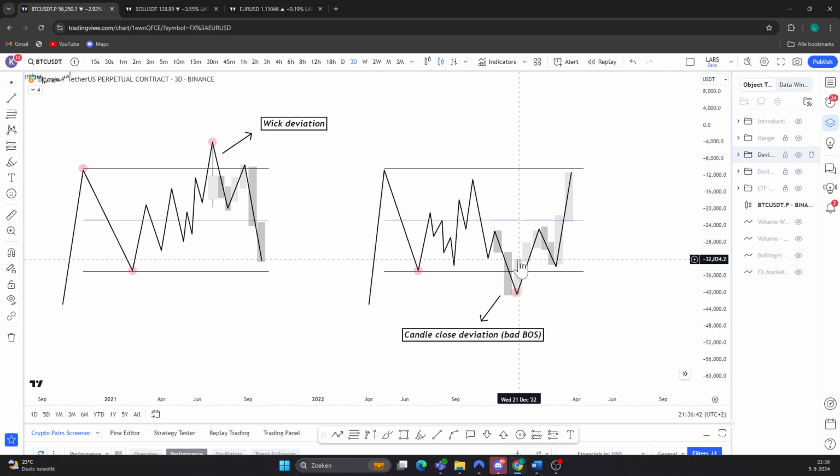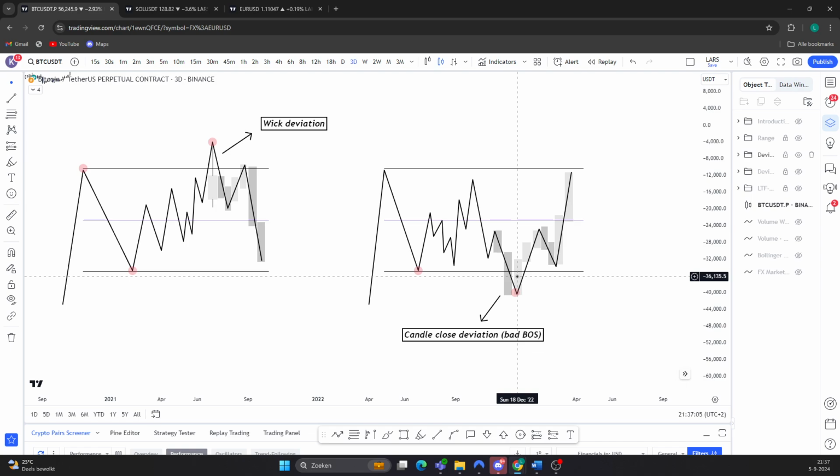And it's very simple. A bad break of structure falls into the category of deviations. So whenever you break your range low and you immediately come back inside, making it a bad break of structure, a bad range low break, that falls in the category of a deviation.